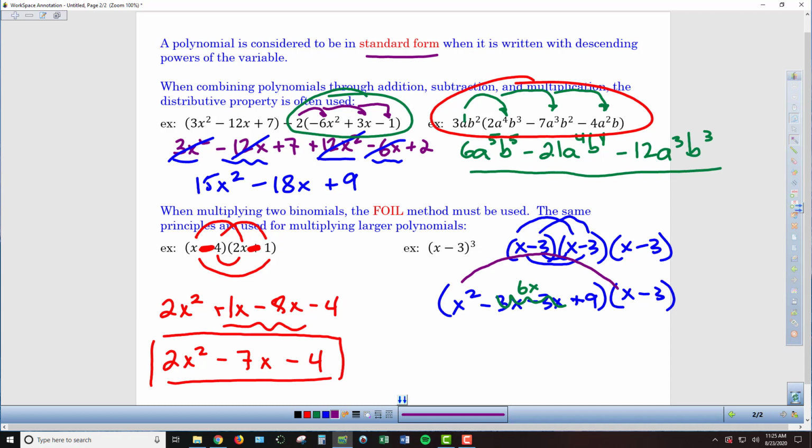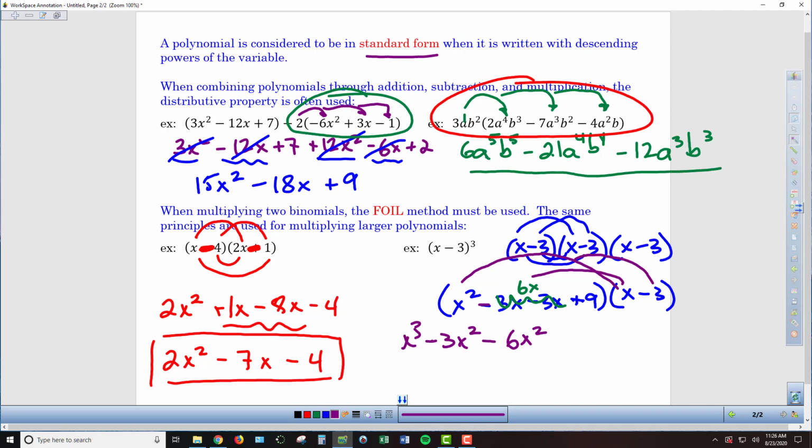So my first here, x squared times x, gives me x cubed. Then I'm going to take that x squared and multiply it times the negative 3, so I've got negative 3x squared. Now I need to do the same thing with the negative 6x. Don't want to overlook that negative sign. So it's negative 6x times x gives me negative 6x squared.